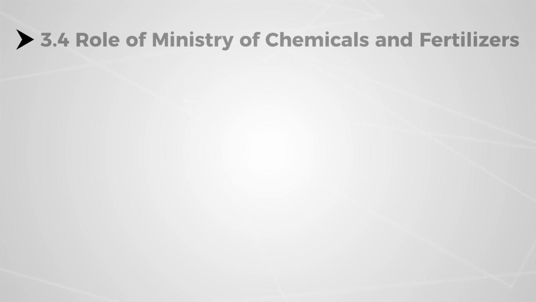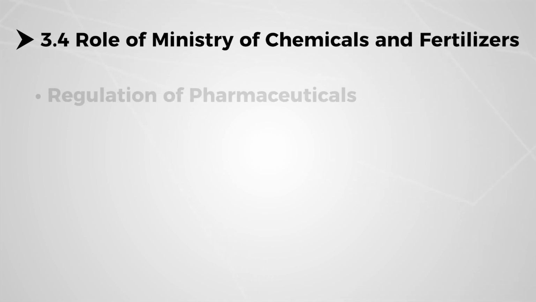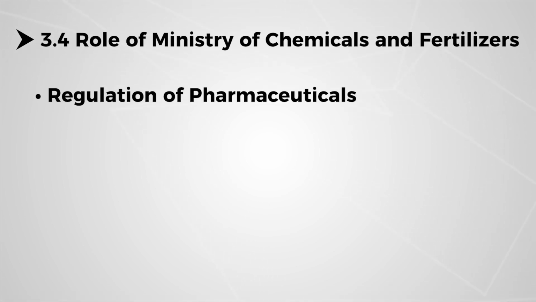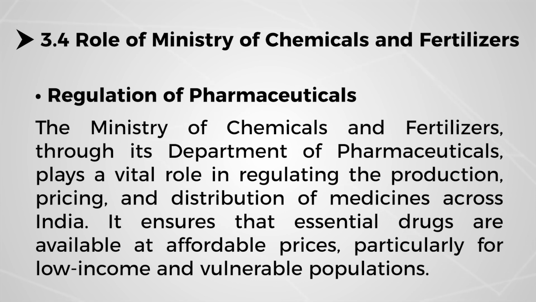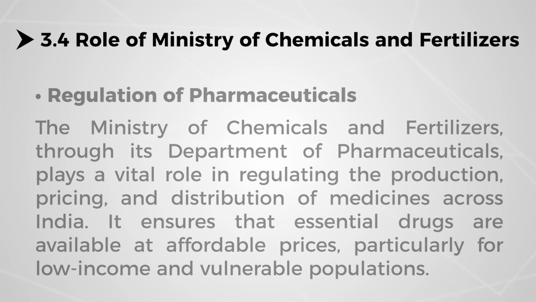Then the role of the Ministry of Chemicals and Fertilizers, regulation of pharmaceuticals. The Ministry of Chemicals and Fertilizers, through its Department of Pharmaceuticals, plays a vital role in regulating the production, pricing and distribution of medicines across India. It ensures that essential drugs are available at affordable prices, particularly for low-income and vulnerable populations.